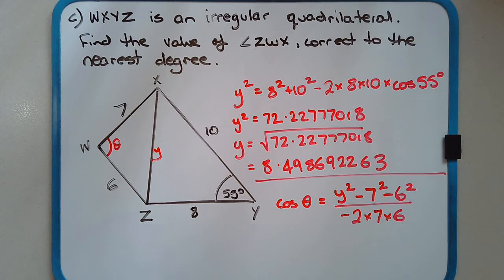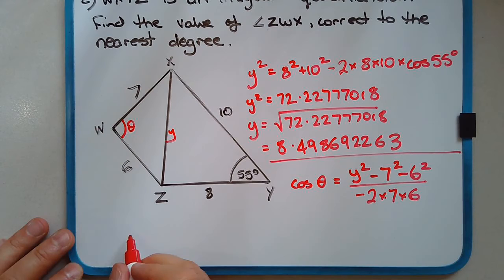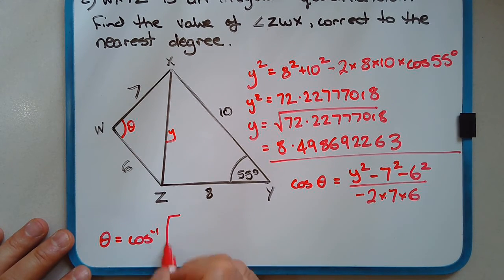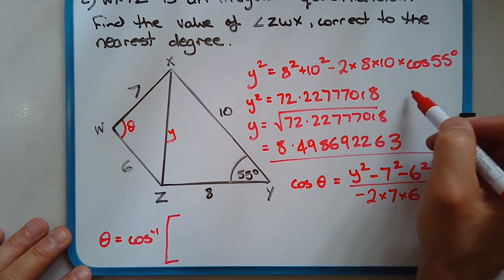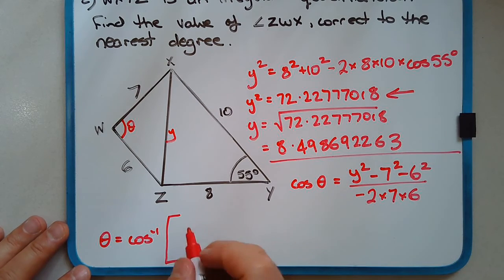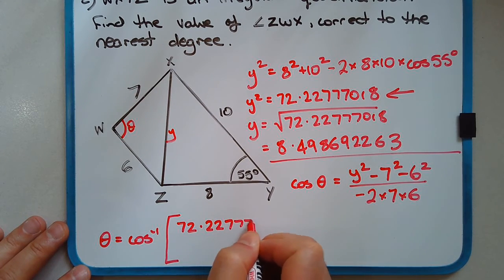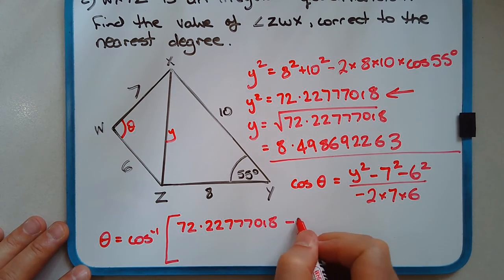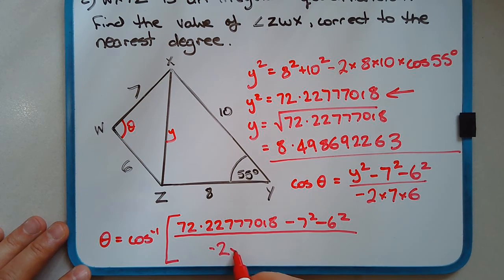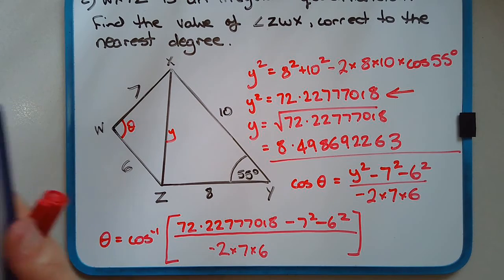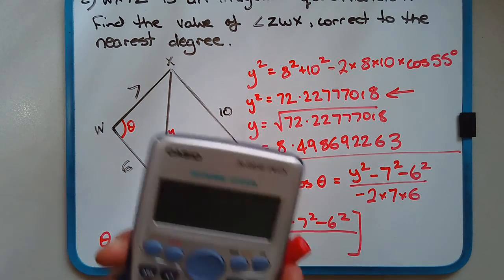So theta is equal to inverse cos. In fact, we're given y squared here, so we can use this value directly. That's going to be 72.2277718 minus 7 squared minus 6 squared over negative 2 times 7 times 6. We're taking the inverse cos of that, and we'll just get our answer directly.